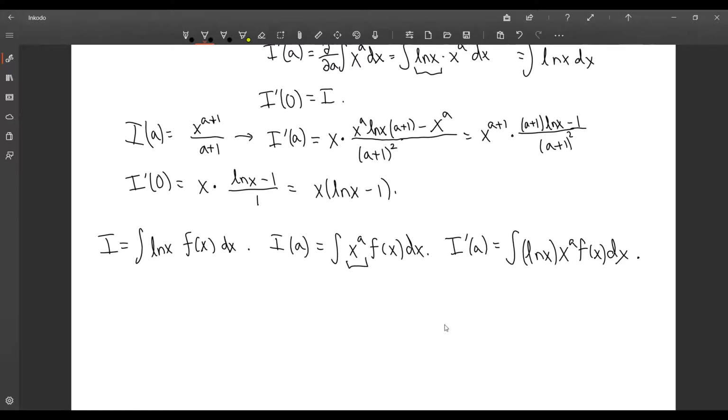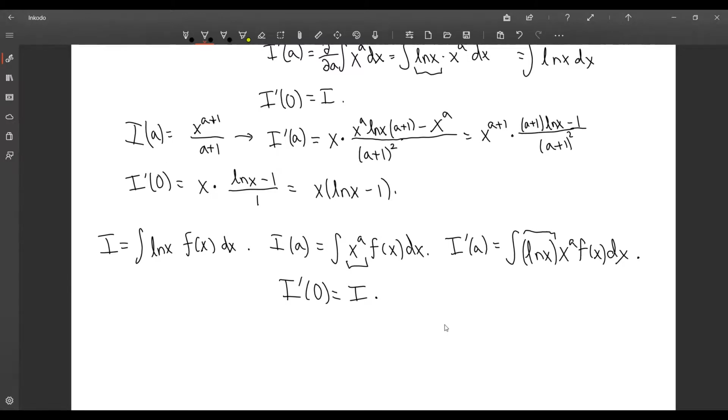Right? And then once again, once we set a back equal to 0, this x to the a disappears, and we get the original integral ln of x times f of x dx, right? And so the important thing to notice here is that when we take this first derivative, what changes is this factor of ln x. But ln x is a constant with respect to a.